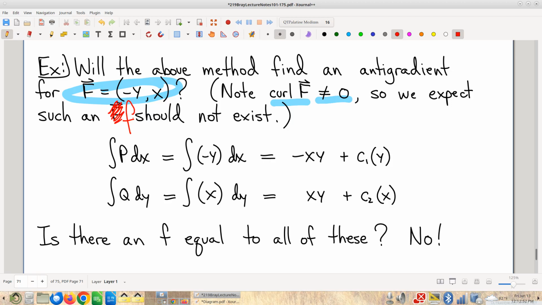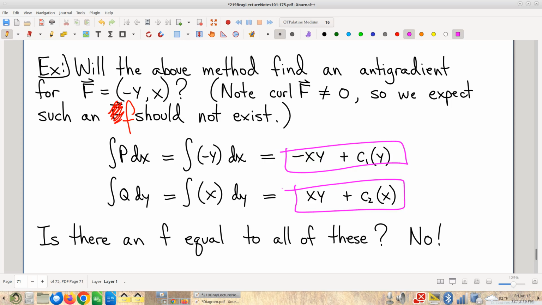So now wait a second. If we've got a procedure in the form of a game that finds anti-gradients, what happens when there is no anti-gradient? And the answer is you lose the game. It's as simple as that. So let's see how it looks when you lose the game. Well, this is what the game ends up being.